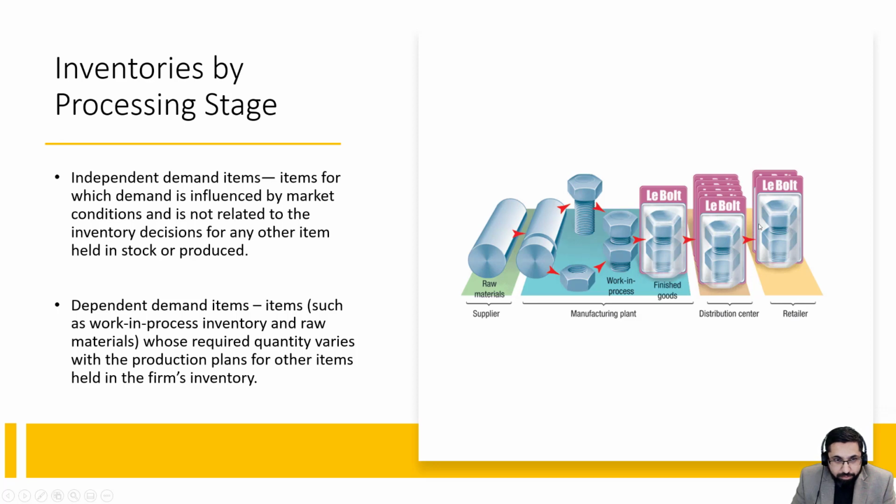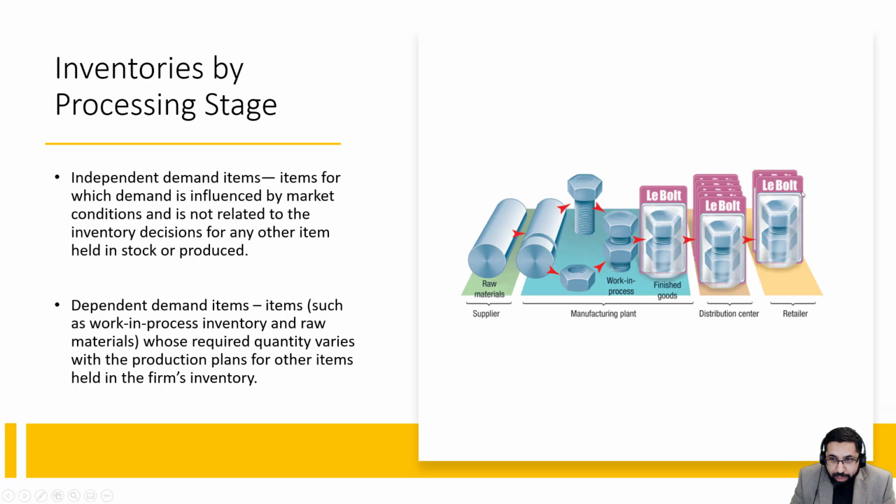Now, when you think about inventory at different stages, finished goods, work in process, raw materials, we want to think about independent and dependent demand items. So finished goods have independent demand, meaning demand is influenced by the market conditions and is not related to inventory decisions of other items or inventory decisions of another company.